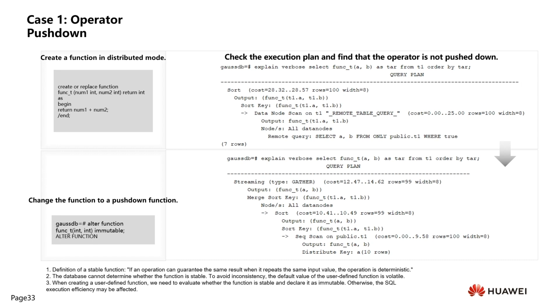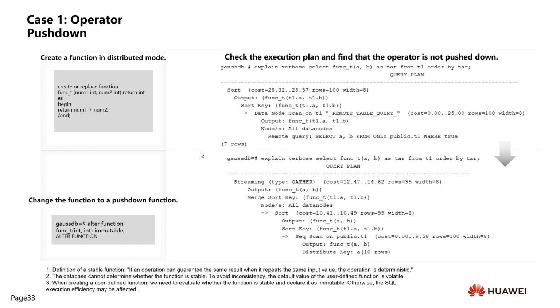Basically, the data nodes add the values, but they do not carry out any sorting operation, and the sorting is completely done by the CN. The reason behind this is that the sort operation is not pushed down because the function we defined here is volatile.